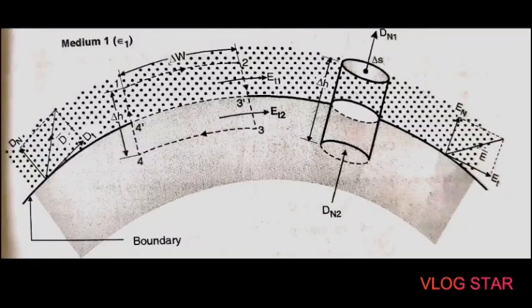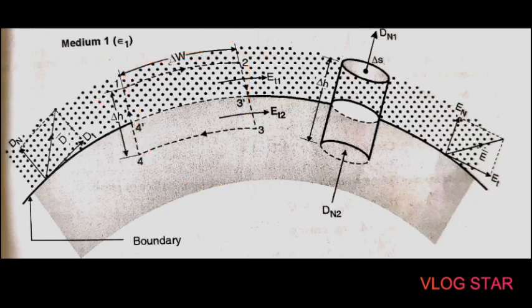Now we can see that the paths 2 to 3 and 4 to 1 are the normal components, and the paths 1 to 2 and 4 to 3 are the tangential components. The normal components, 2 to 3 and 1 to 4, have opposite directions, so they cancel.